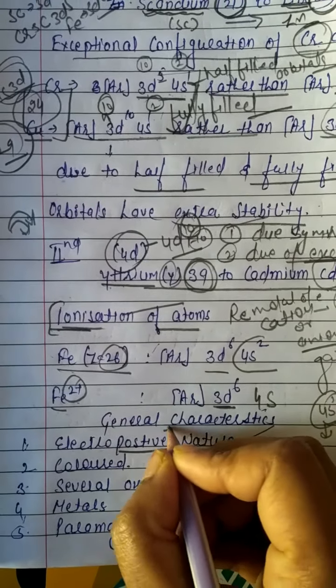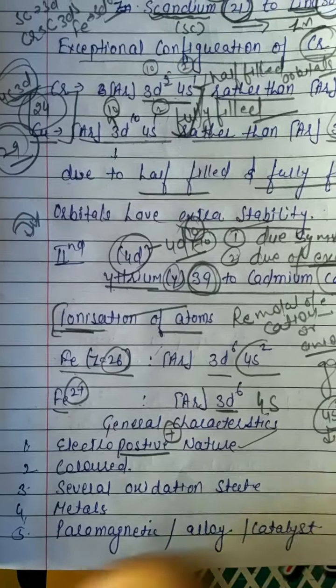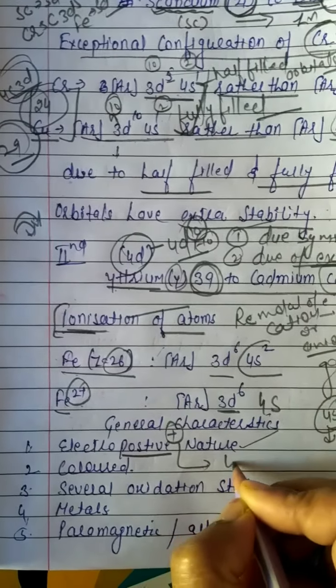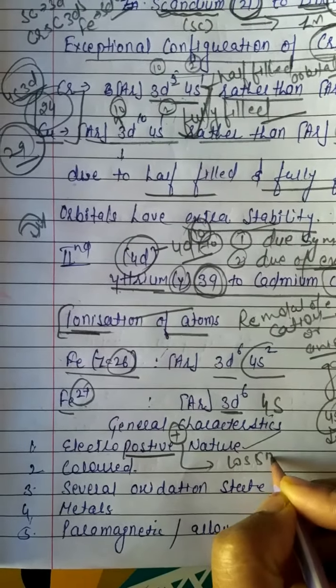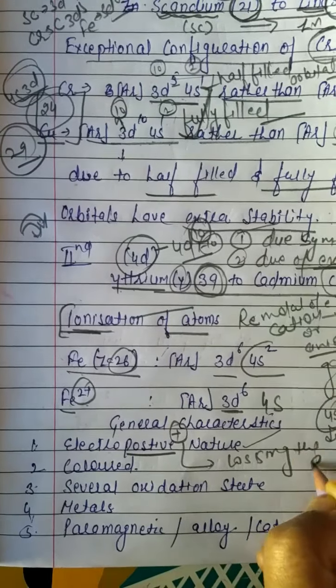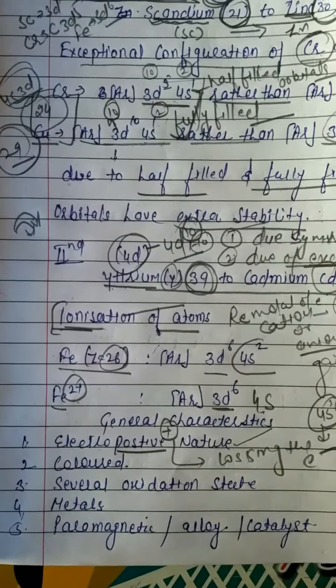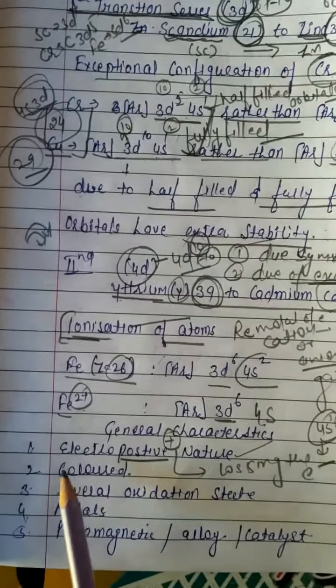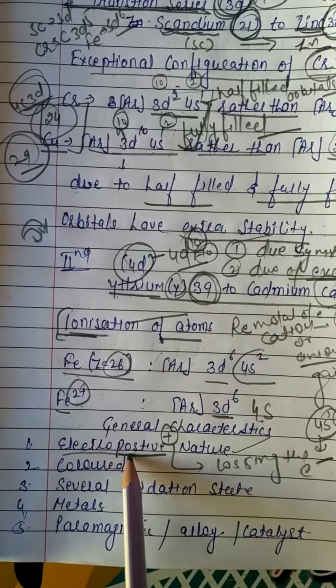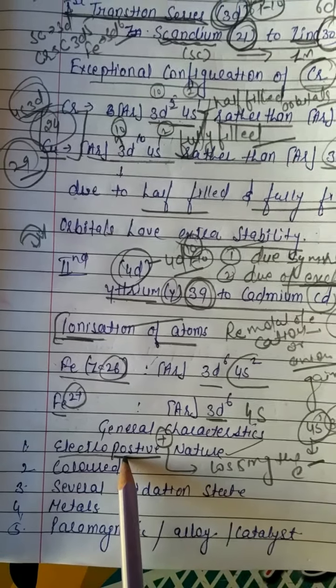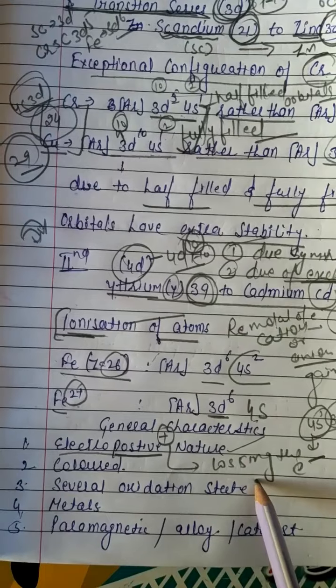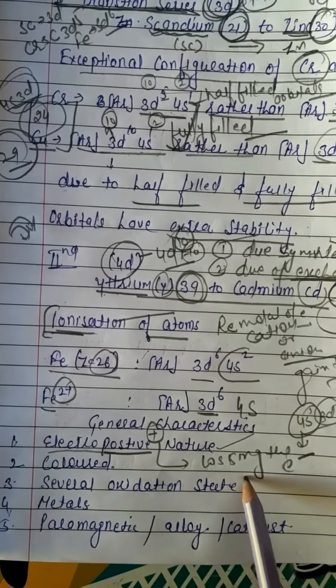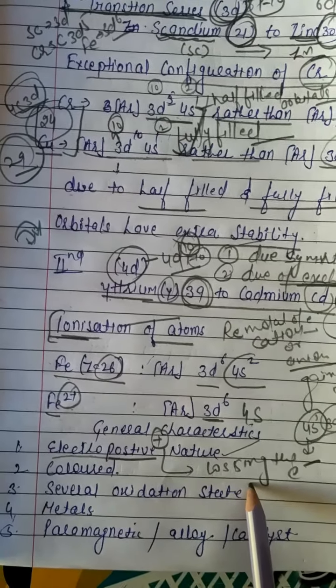Electropositive means they have a tendency to lose electrons. So the first characteristic is clear: they are mostly electropositive, with a tendency to lose electrons rather than gain them.